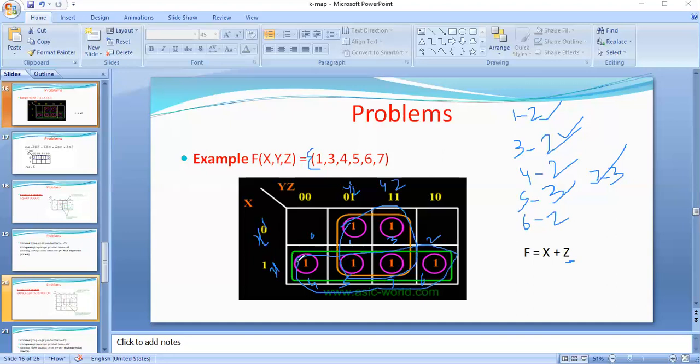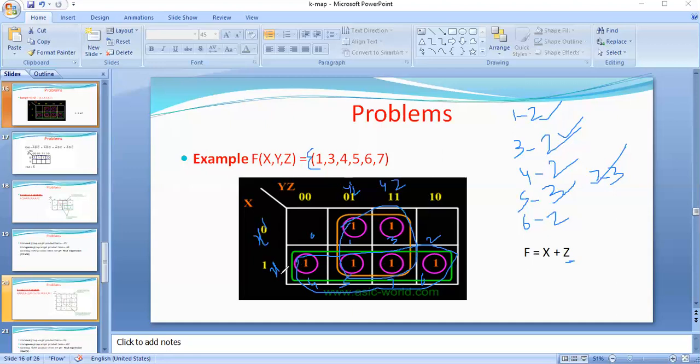I already told you, grouping can be done either horizontally or vertically, but not diagonally. And the grouping shape may be either square or rectangle. So we can group these 4 cells. In these 4 cells, what is the common literal?